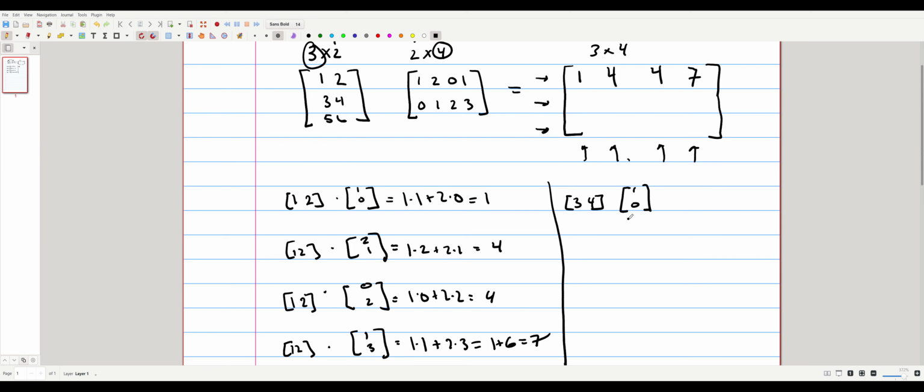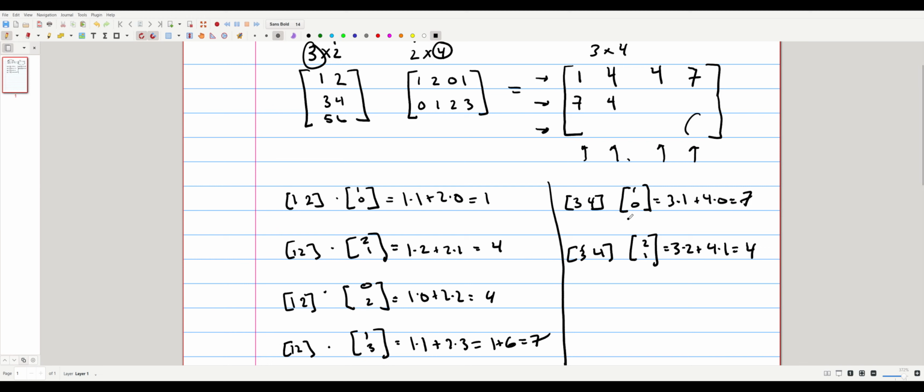So 3 times 1 plus 4 times 0. So we get 3 here. The second row times the second column. And hopefully now you guys are kind of seeing the pattern. 3 times 2 plus 4 times 1. And so 10 goes here.